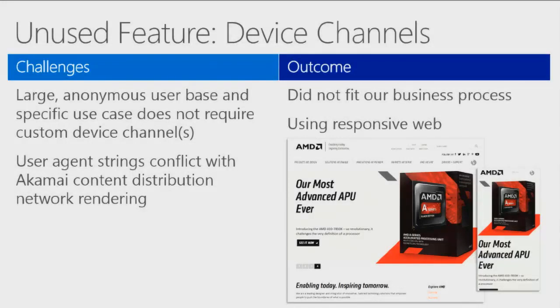So for an internal circumstance where you know what your users are accessing your site on, I think it's great. And as a designer, we would like to be able to target that for everybody, but there's just no way with a site of our size. So, there you go.